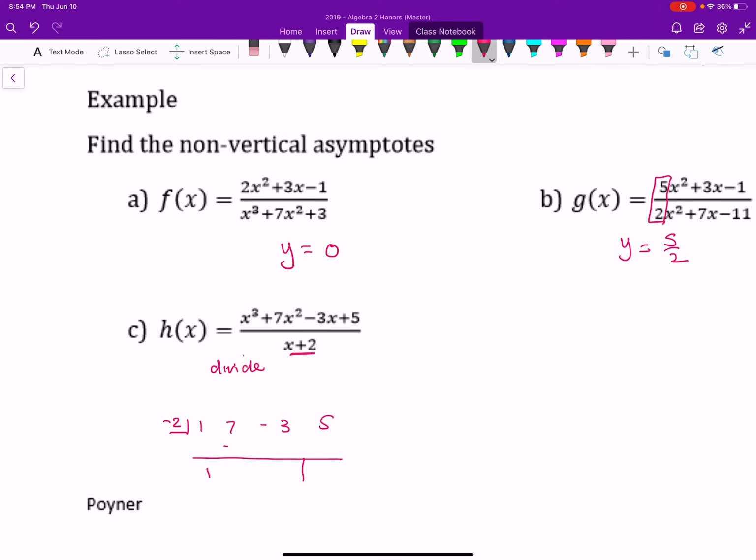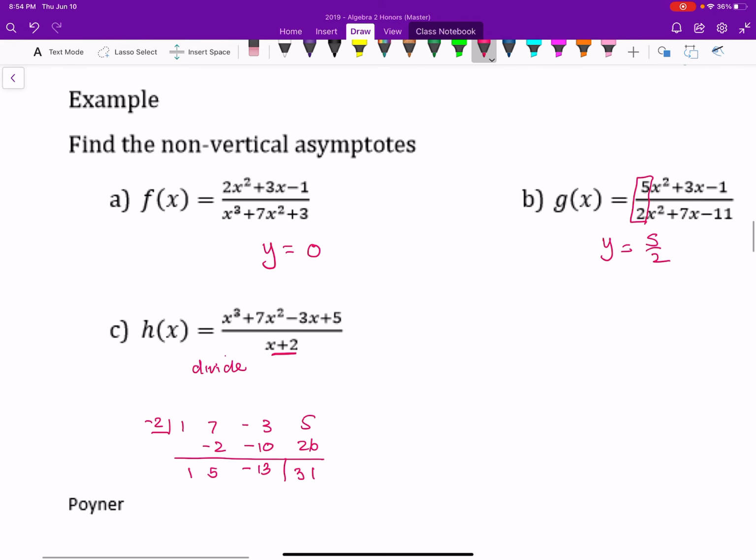Carry down the 1, -2, 5, -10, -13, 26, and 31, I think. So I'm going to rewrite h of x as x squared plus 5x minus 13 plus 31 over x plus 2.